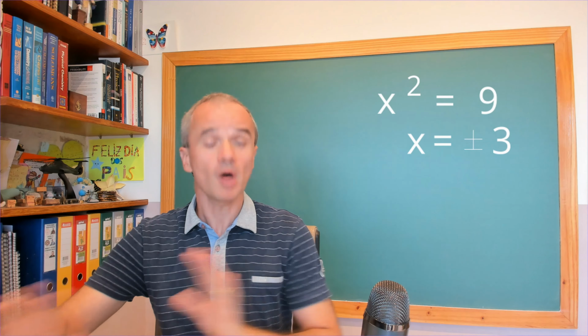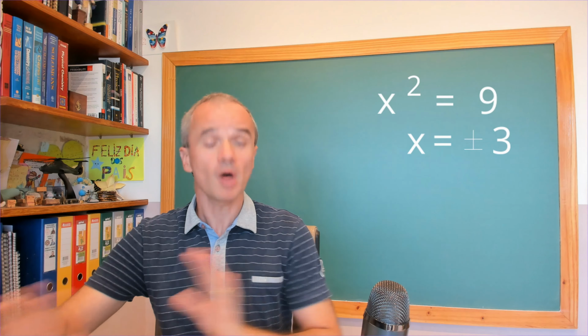Now, first, our initial equation was x squared equals 9. When we solve this, we have to apply some massaging on this equation, and we have to take the square roots on both sides. Agree? But be careful. This is not x equals square root to 3, because this is 3.